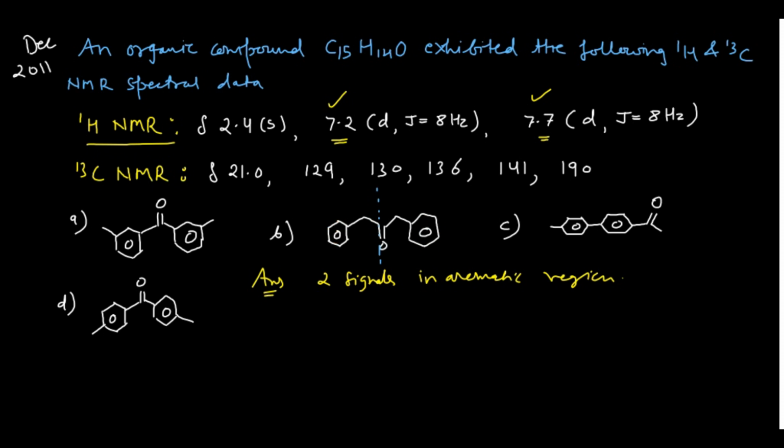But this question itself is giving two signals. That means a disubstituted kind of benzene must be there. Two signals in the aromatic region suggest that the molecule is disubstituted, but this benzene is monosubstituted, and this is also monosubstituted, and due to this symmetry plane they will give the same signals. So this cannot be your answer, and you can immediately remove B from here.